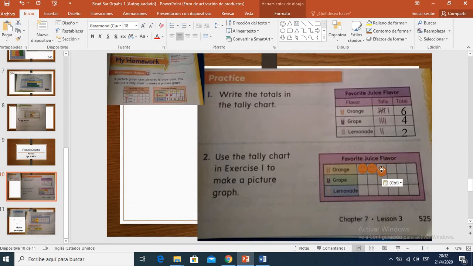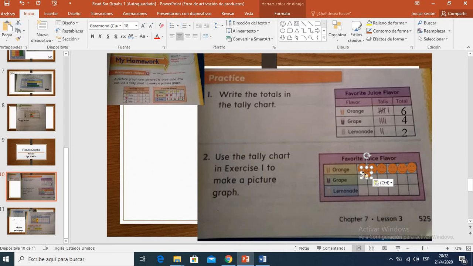Look. I have 3, 4, 5, and 6. Remember, inside the little squares, okay? Now, how many for the grape juice? 4.